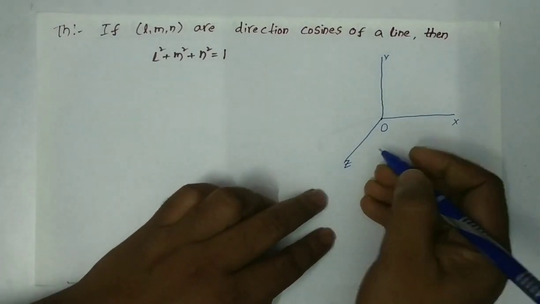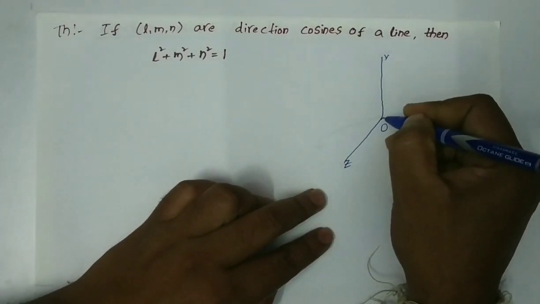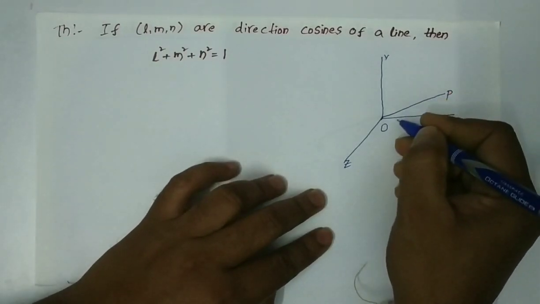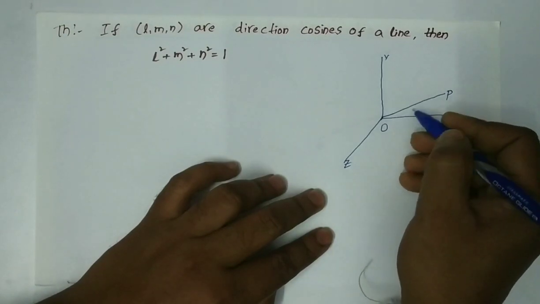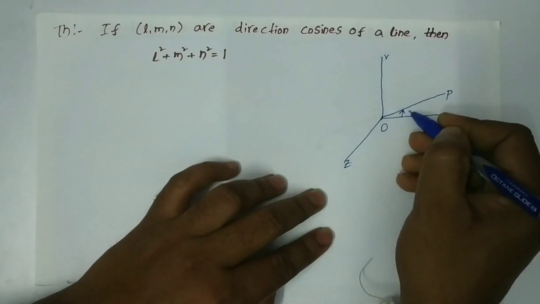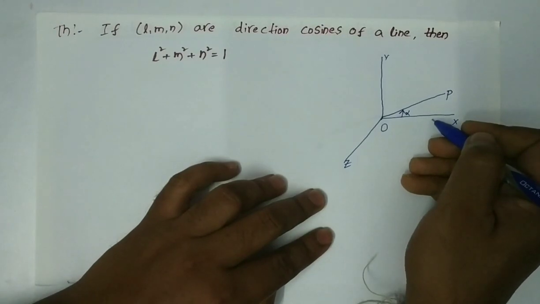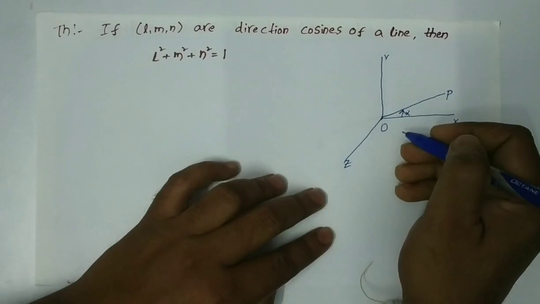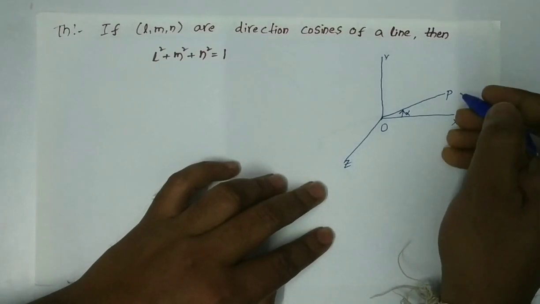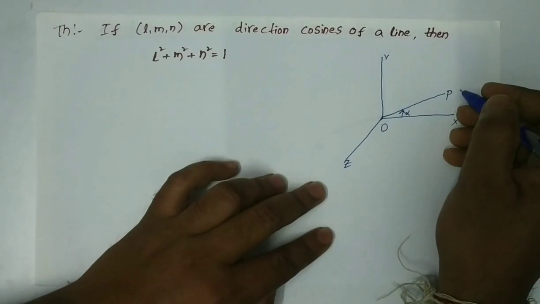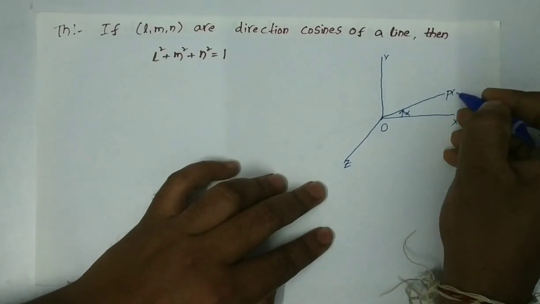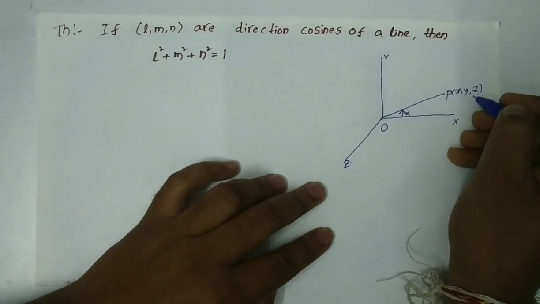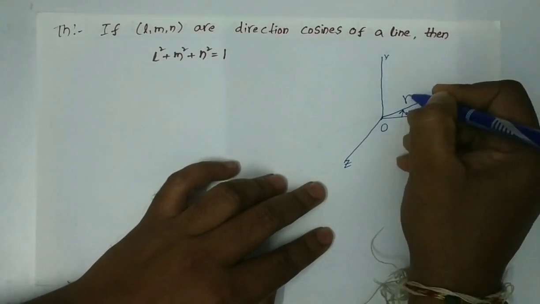Now let us consider OP to be any line passing through the origin and making angles alpha, beta and gamma with the positive x-axis, positive y-axis and positive z-axis. Also consider the coordinates of the point P as x, y, z in space, such that OP is equal to r.